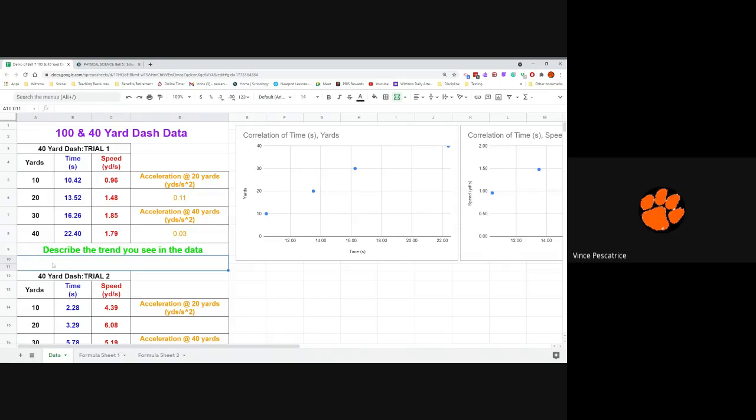I would say something like, if I'm looking at the graphs, the runner's speed increased for the first... let's go speed and acceleration. Can't type today.